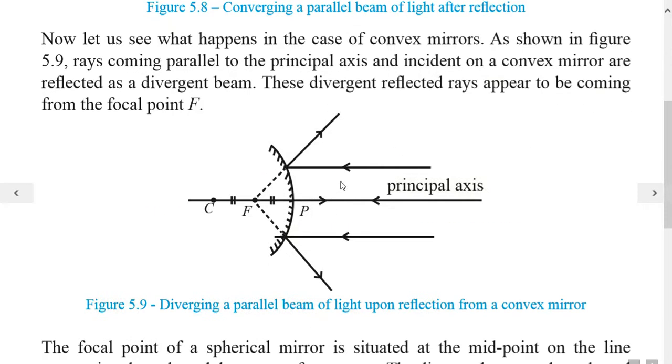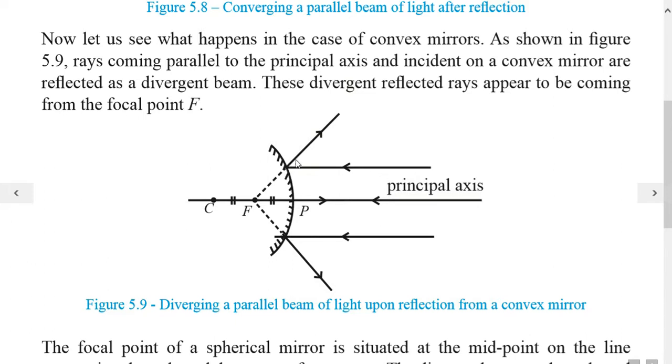Then I describe the convex mirror. This is the convex mirror, and this is the pole of the mirror. Then we take the rays. This also comes towards the mirror, parallel to the principal axis. It is incident on the mirror.